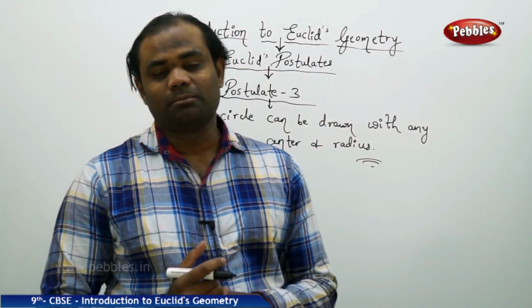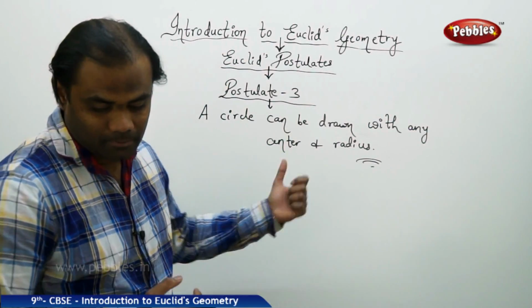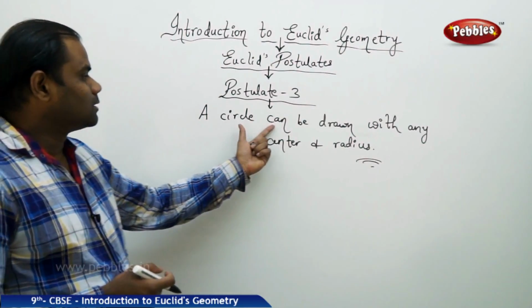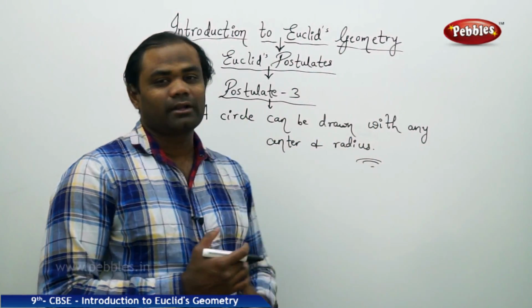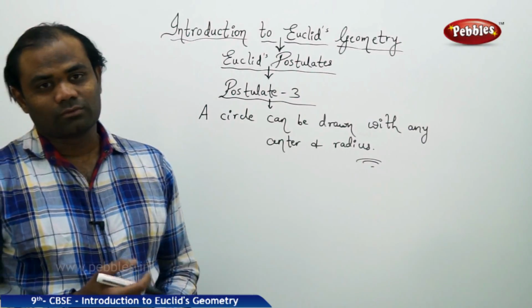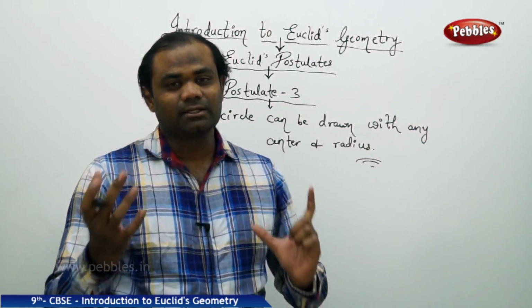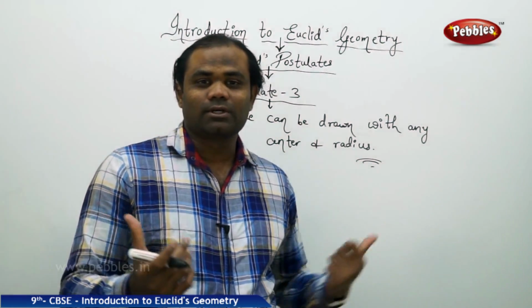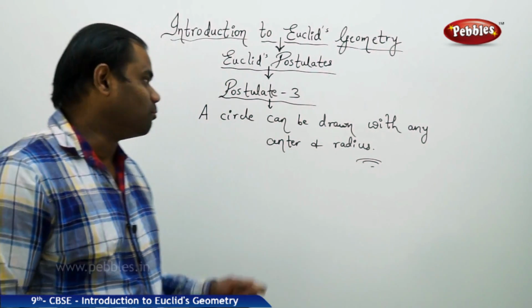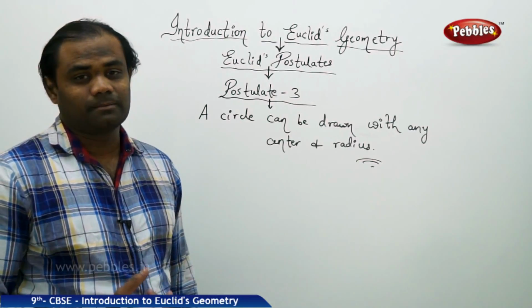This is what postulate number 3 states: a circle can be drawn with any center and radius. So this investigation, clearly evident on recognizing the different circles, led to the outcome of postulate number 3 by Euclid.